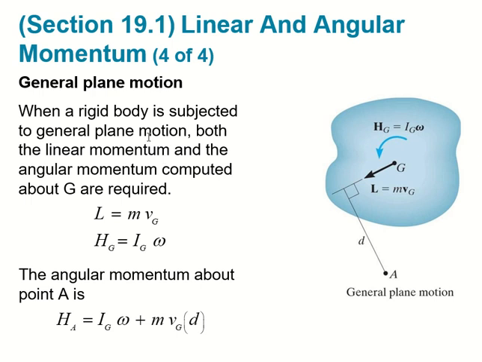All right, we do the same thing for general planar motion. So we're going to think about both. You have linear and angular because translation and rotation are happening at the same time for general plane motion. So we put them together again. Now there is angular momentum about your point G, and then linear momentum as well.